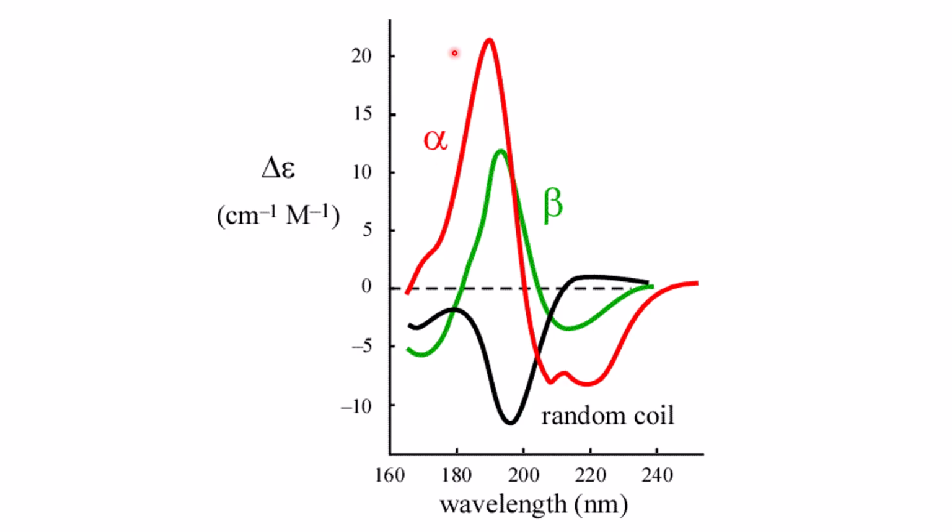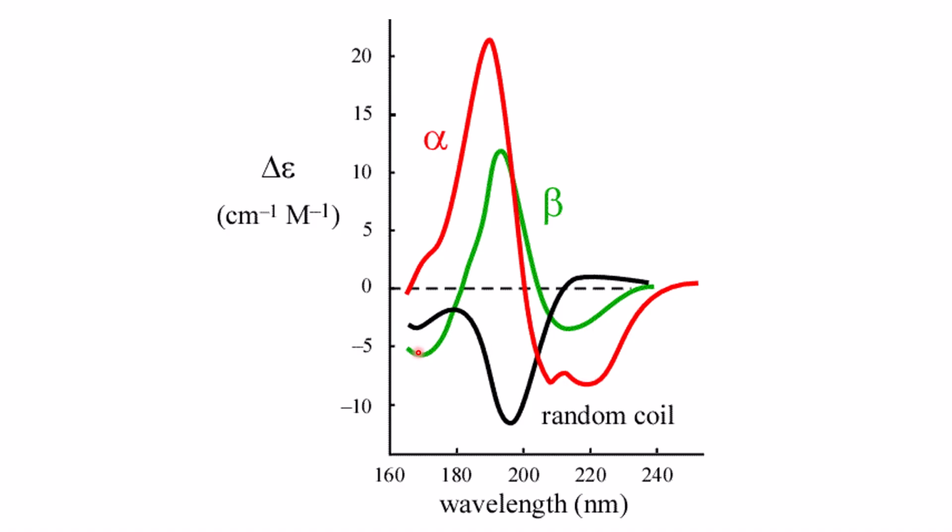You can see that it has a positive peak over here at a wavelength of around 190 nanometers, and there are two negative peaks. One is this peak and the other is this peak. The first peak is nearly around 208 nanometers, and the second peak is somewhere around 222 nanometers. That is always maintained in that range in case of an alpha helix.